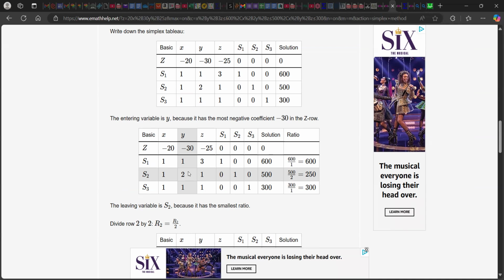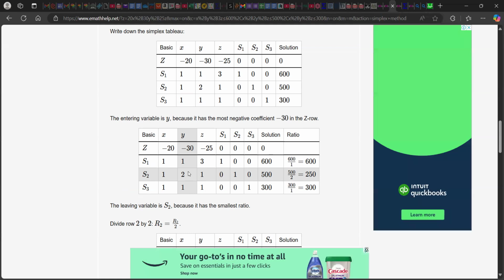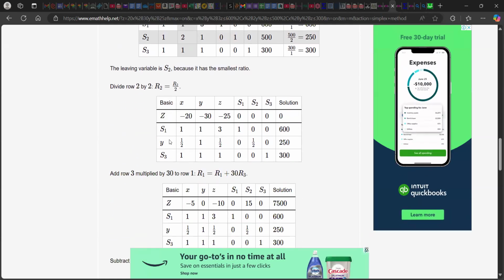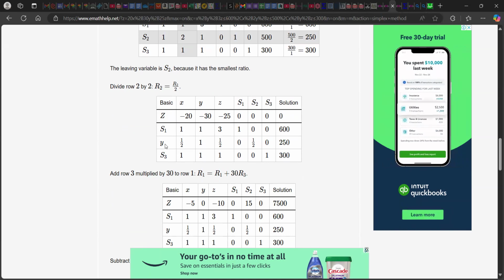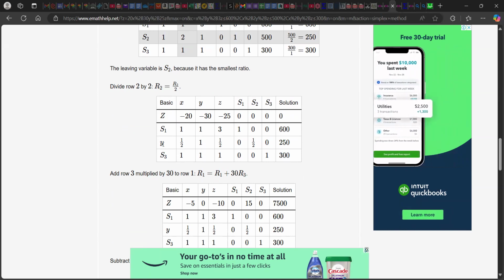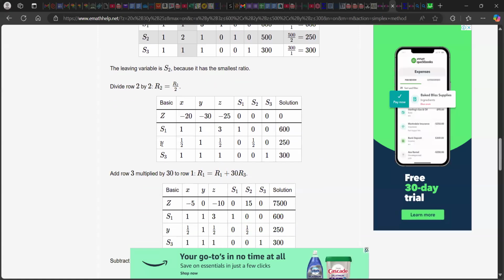We have to make that into a 1 by doing what? By dividing the entire row by 2. That's what they did here, right? So where S2 is, by the way, this Y takes the place of the S2, as we see happening here. And now we have 1 here.